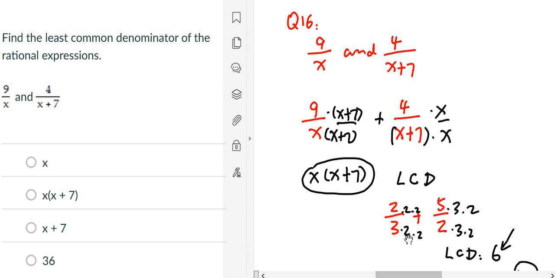So then you will make 2 times 3 downstairs is 6, and here 2 times 3 downstairs is 6. So you may add 2 times 2, which is 4, plus 5 times 3, which is 15. So 15 plus 4, you have a 19 upstairs, downstairs is just 6.